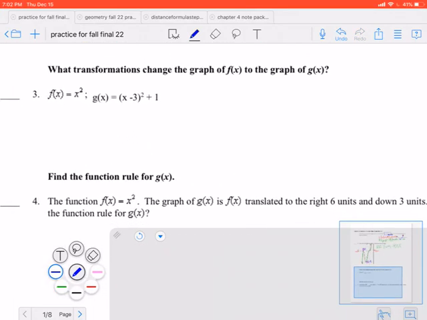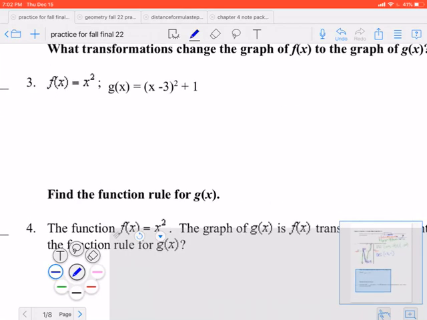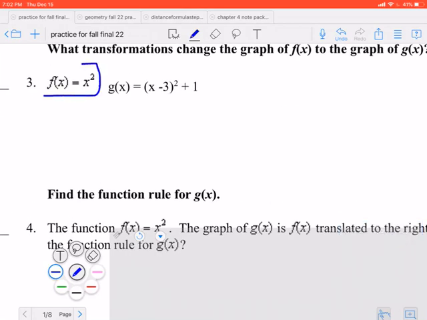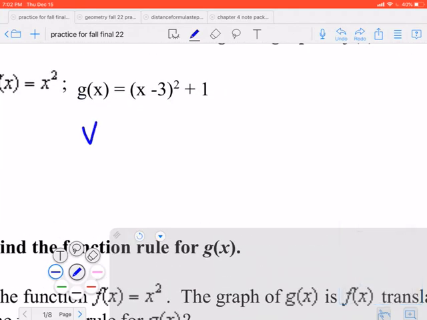What transformations change the graph of f of x to the graph of g of x? F of x is the parent parabola quadratic function, and g of x you can see here. So what is happening here, its vertex is 3, 1.